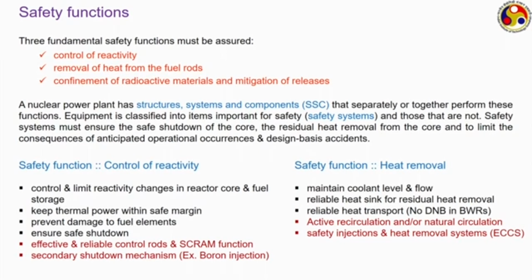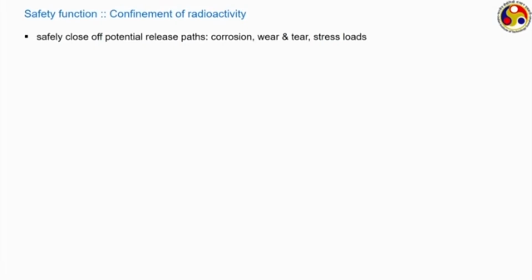That is why newer Generation 3 onwards designs ensure passive recirculation systems employing natural circulation, where even in the absence of any prime movers or electrical sources, the fluid will always flow using the buoyancy force. The confinement of radioactivity generally refers to, first, closing all potential release paths like corrosion, wear and tear, and any kind of stress load.